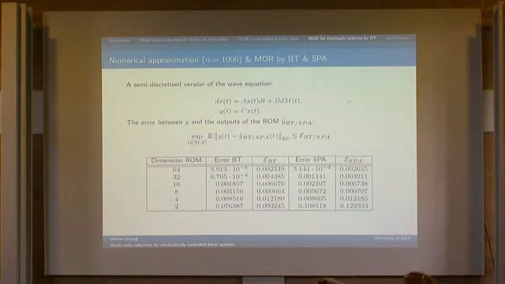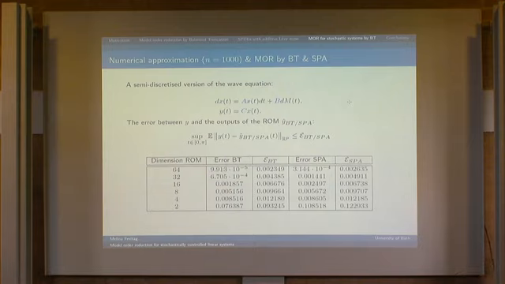So this is the actual error, and this is the error bound, and this is for the other approximation. I did this singular perturbation approximation. Again, the error bound is very sharp. So that's the first thing to notice, and that holds for all dimensions. But as I said, even for a reduced dimension of size 2, your error is less than 10 to the minus 1.